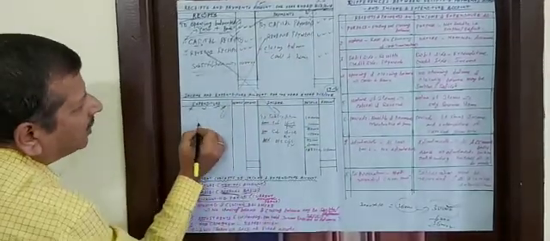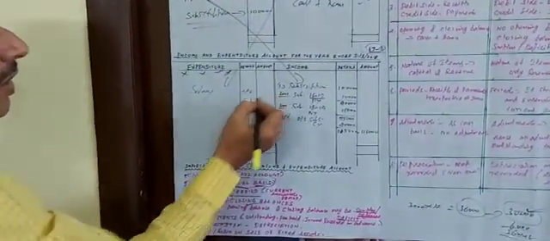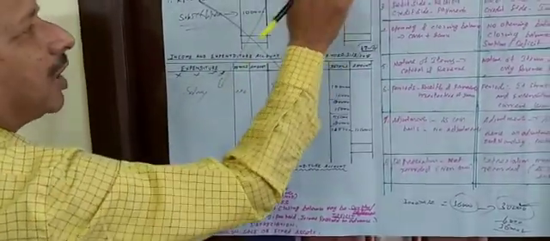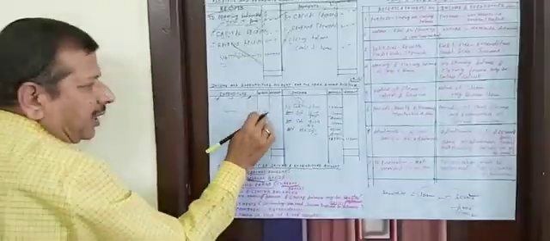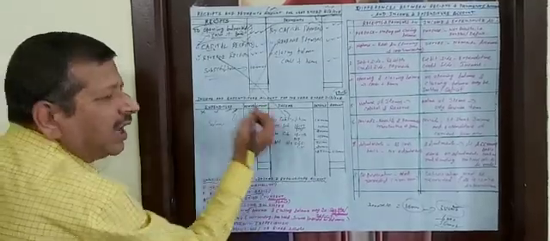Revenue payment means salary paid to the employee. Whatever amount we paid will be recorded in the inner column. Here also we have to do an adjustment.